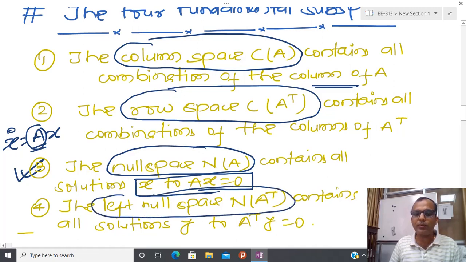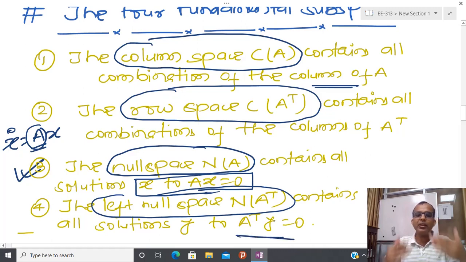In order to find the left null space, the definition is like this. I have talked about the column space, and corresponding to the column space I have the row space, just by taking A transpose. Similarly here, I have to take the transpose and solve this equation.